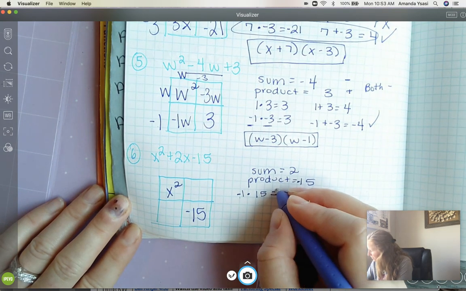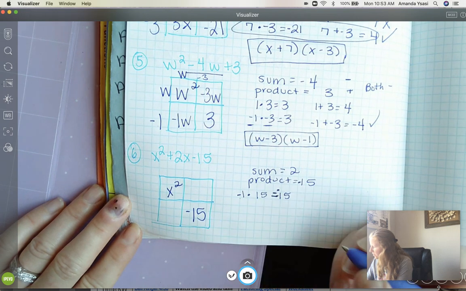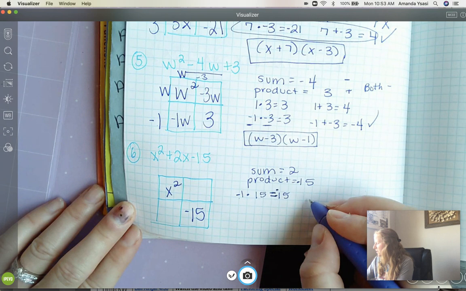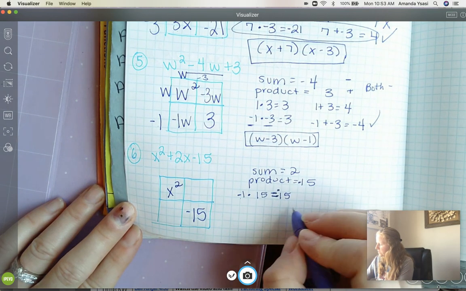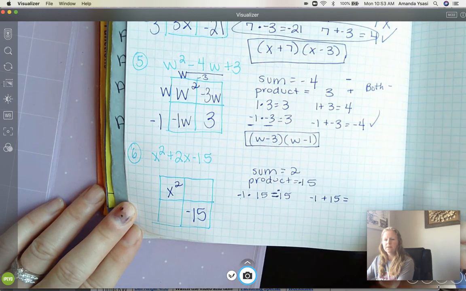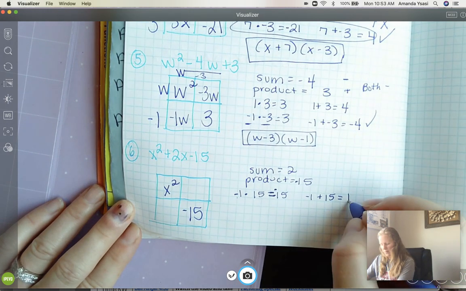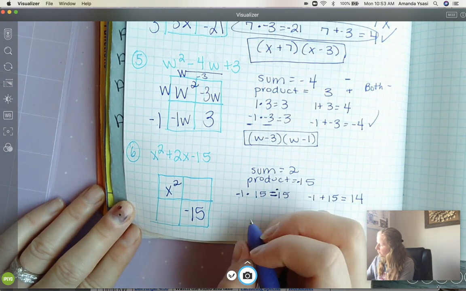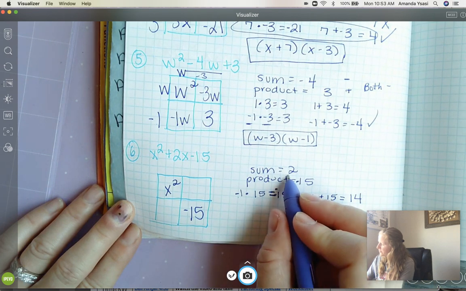Sorry, that does not look like it. It's like just an extension of my equals. All right, so then we do negative 1 plus 15. It's just like 15 minus 1, so that's positive 14. Okay, so that doesn't work. We want to be smaller.